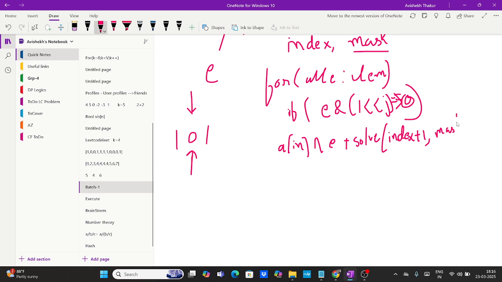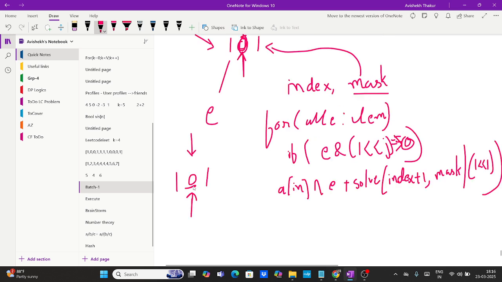So it is mask OR one left shift of whatever the position. So in this case, it is position number 1. And out of all the possibilities, the one which is giving you the maximum answer, that's the final answer.